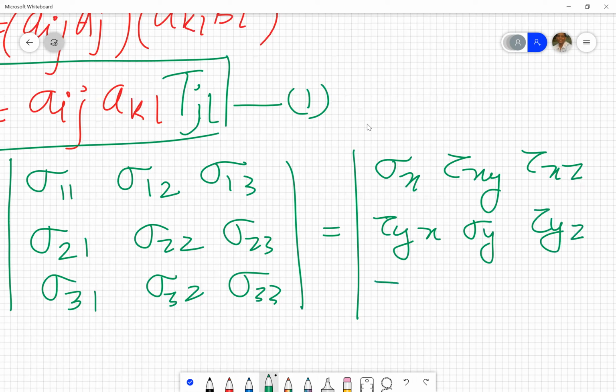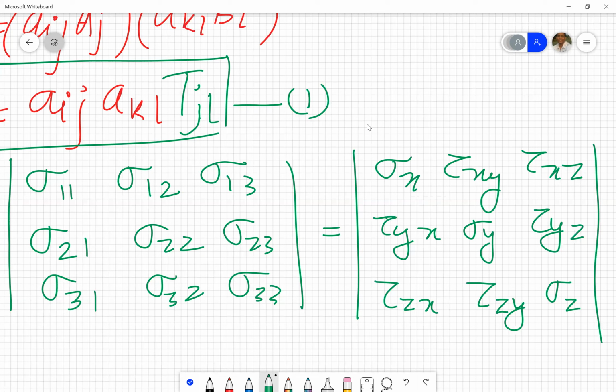Similarly, this is tau zx, tau zy, and sigma zz or sigma z. So this is the method of writing the stress tensor equations in sigma ij format.